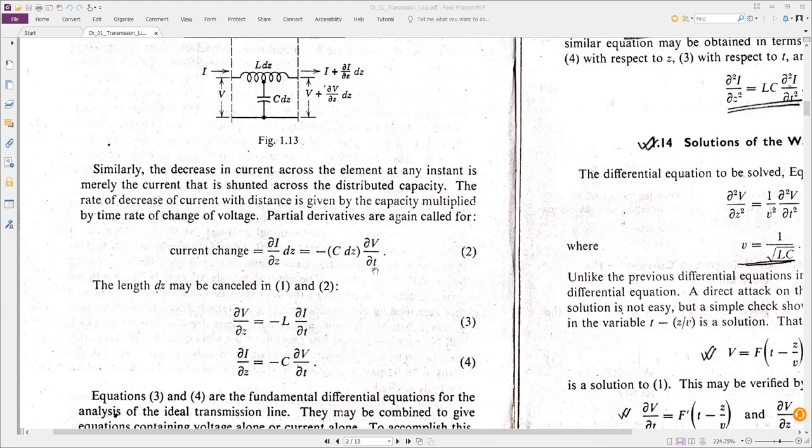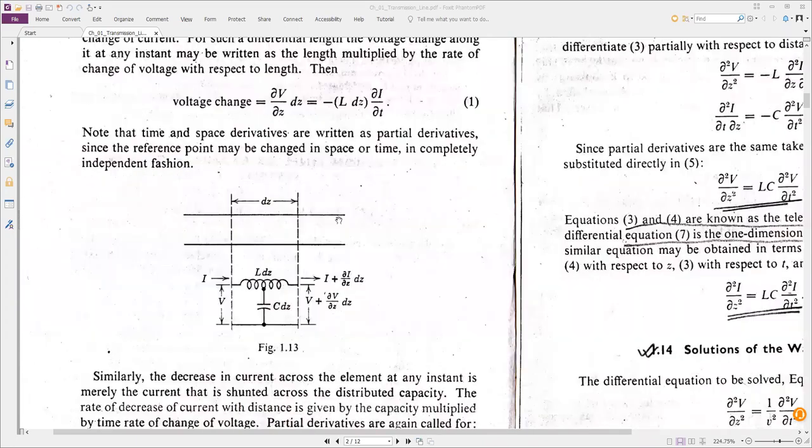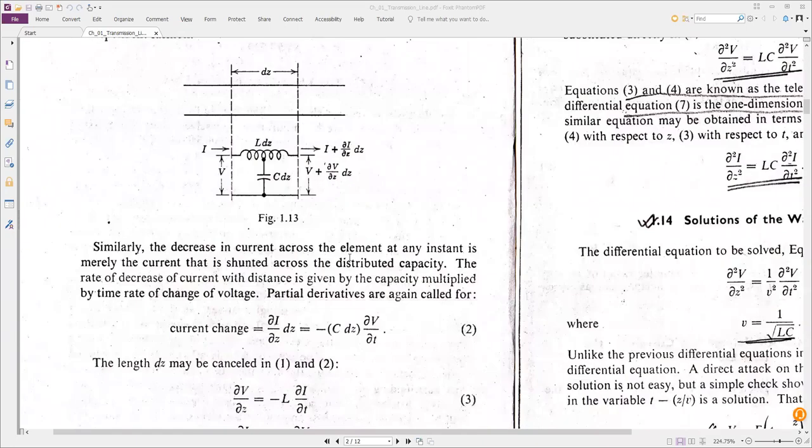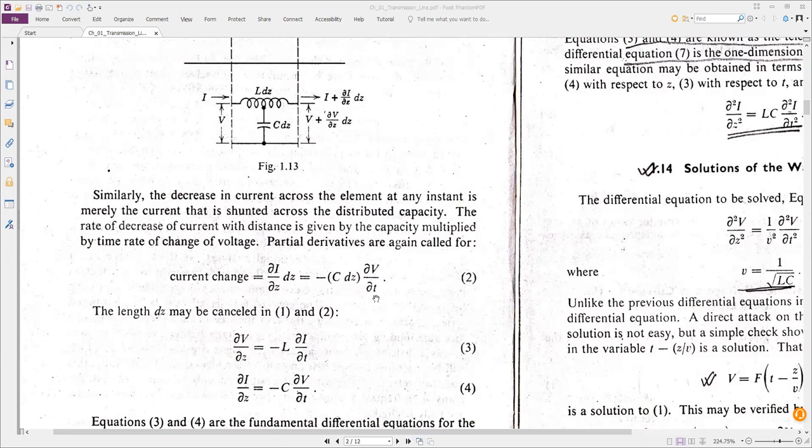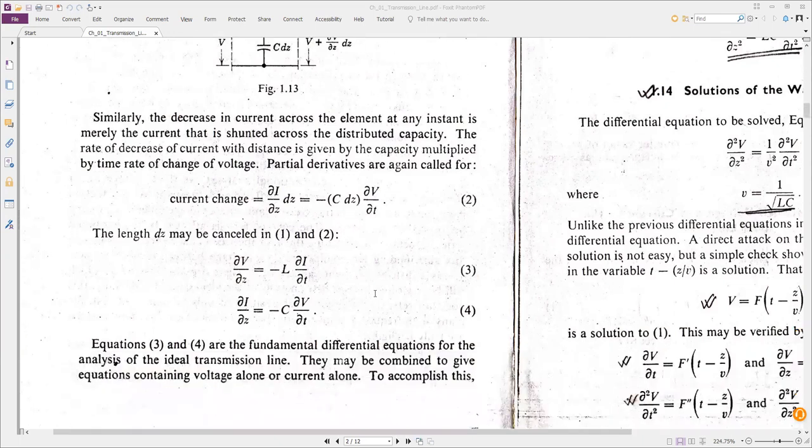Partial derivatives are again called for. So for the voltage change it is L dz, and for the current change it is C dz and del V by del t. Now just look at these two equations together: del V by del z is equal to minus L del I by del t, and del I by del z is equal to minus C del V by del t.